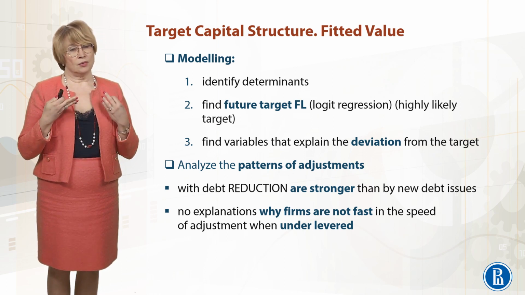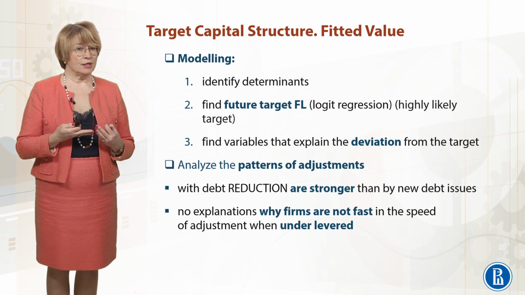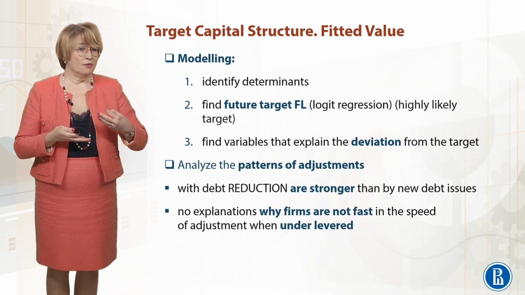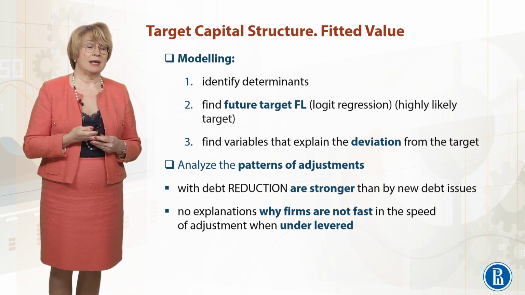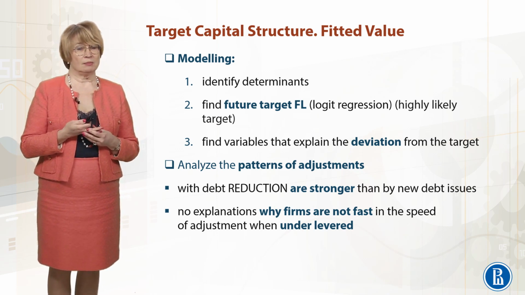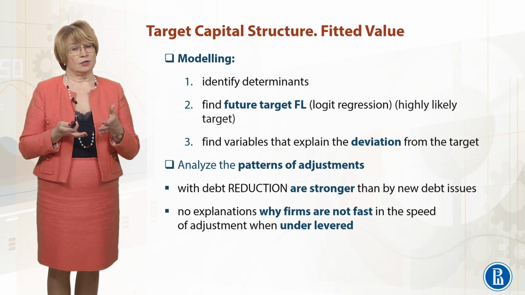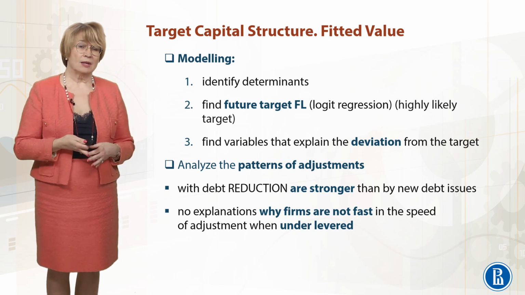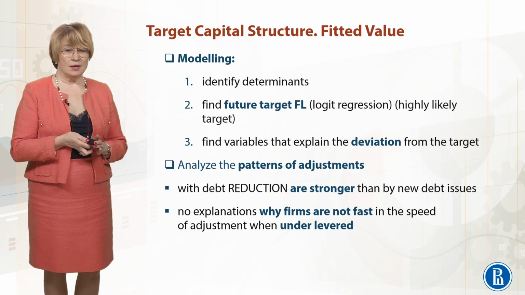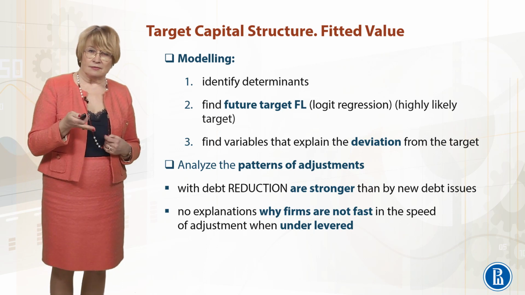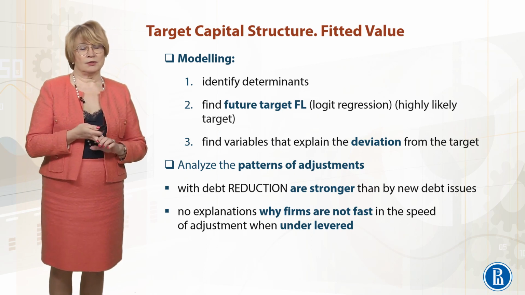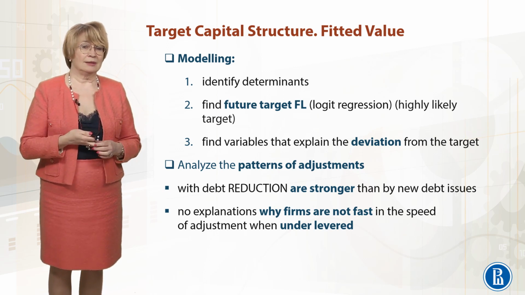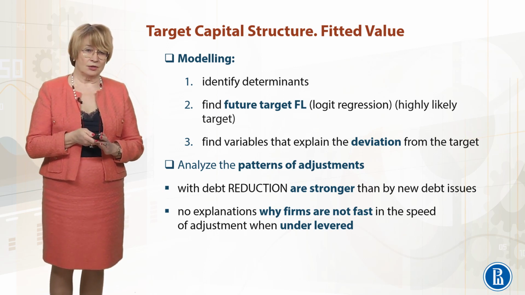Finally, you as a researcher should also think about the speed of adjustment and the drivers or variables that can explain the speed of adjustment. As we already discussed when we were discussing the principles of the trade-off theory, the variables behind the speed of adjustment can explain the range of the deviation from the target level of capital structure.